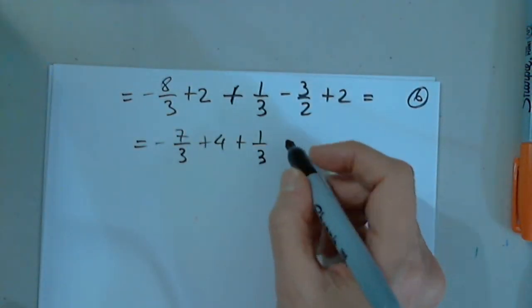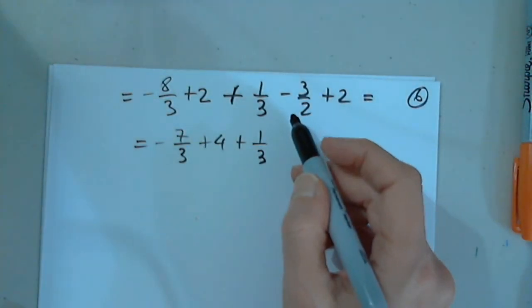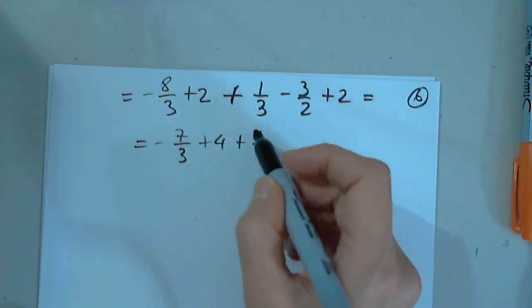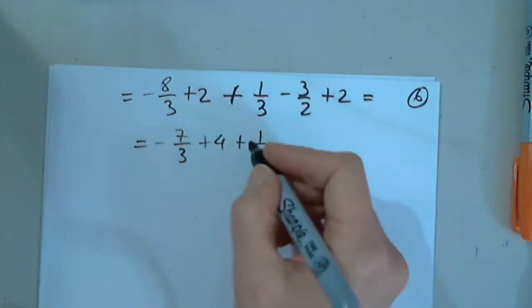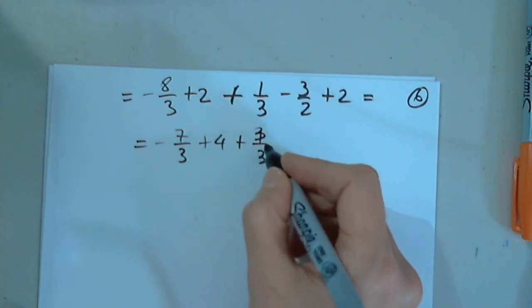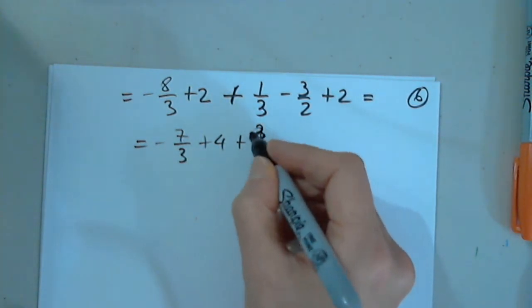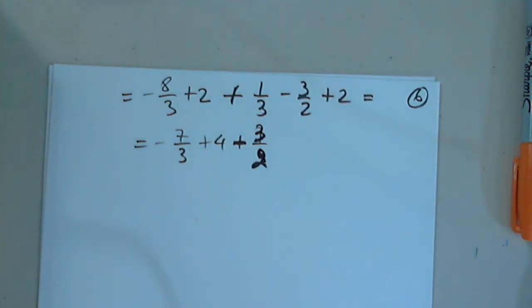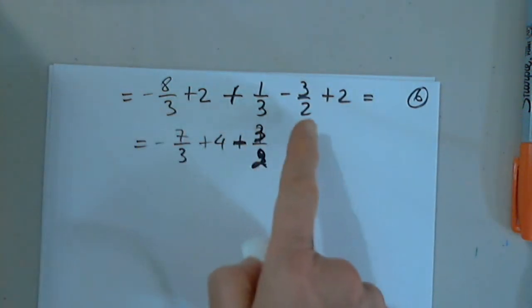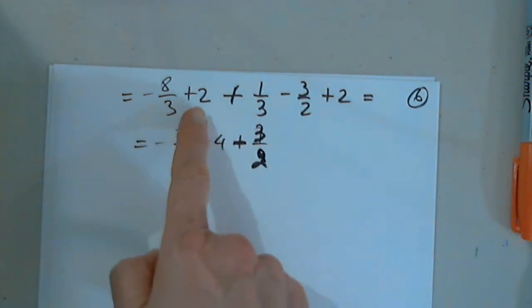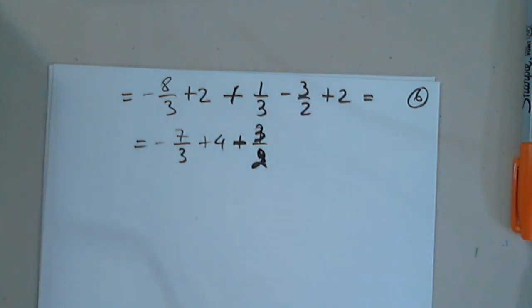Sorry, minus 3/2. So negative 8/3 plus 1/3, negative 7/3, 2 plus 2, and then I have to copy what I left untouched yet.